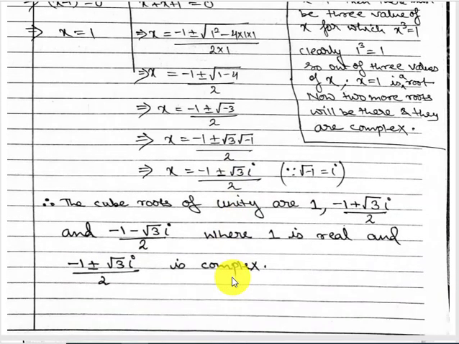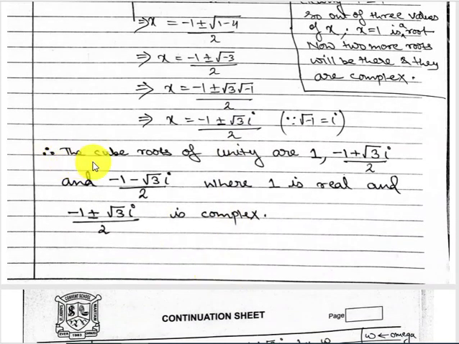Therefore the cube roots of unity, that means cube roots of 1, are 1, minus 1 plus square root of 3i upon 2, and minus 1 minus square root of 3i upon 2, where 1 is the real root and the other two are complex roots.